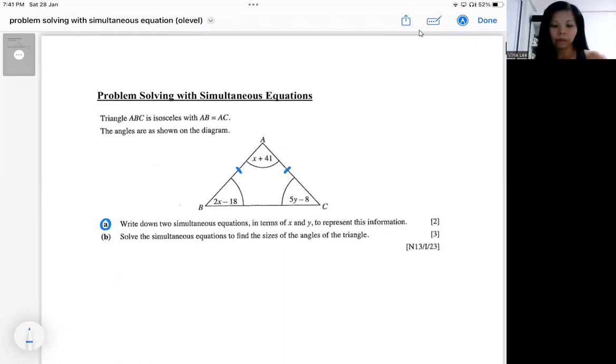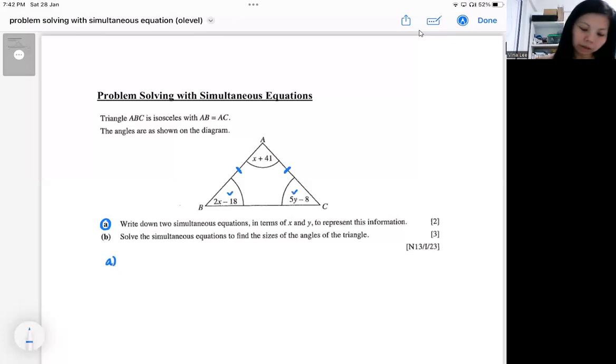Okay, so if you look very carefully, being an isosceles triangle means the base angles will be the same. That means this angle should be equal to this angle. So that actually helps us with one equation. So how are you going to present this part? When you present this part, you have to present it with the property.